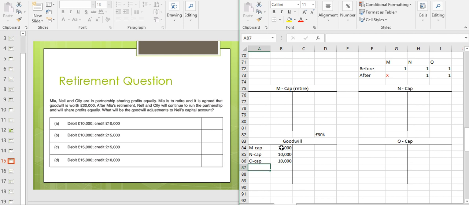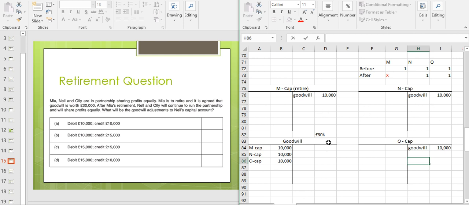Let's do the double entry for this. We've got debit entries here, we're going to have a credit entry there, and that's come from goodwill. So I have debit entries here, so credit 1, credit 2, credit 3. I'm just going to copy this over because it's the same thing for all 3 partners. So in summary, we have debits, credit 1, credit 2, credit 3.